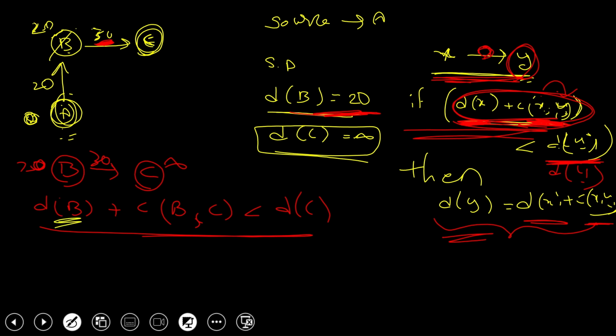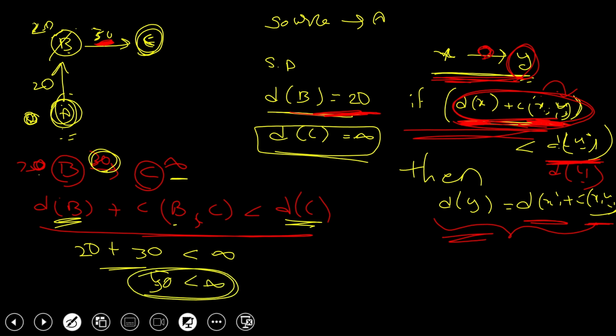Distance of B is 20, plus the cost from B to C, which is 30, is less than distance of C. As we don't know, we took it as infinity. So is this true?